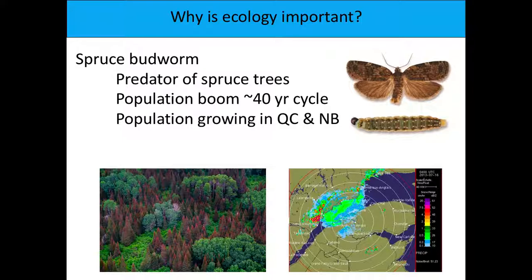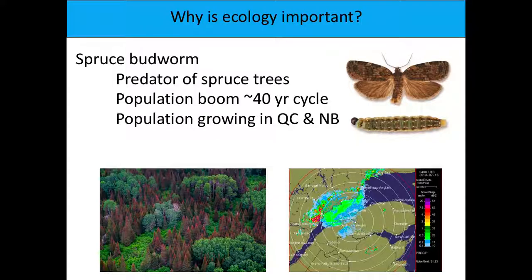So spruce budworm are this little worm, a little caterpillar, actually from a moth, and they love to eat the buds on spruce trees. And their populations explode, typically on maybe a 30 to 40 year cycle, and they can decimate spruce forests simply by feeding on the fresh growth in the spruce trees.